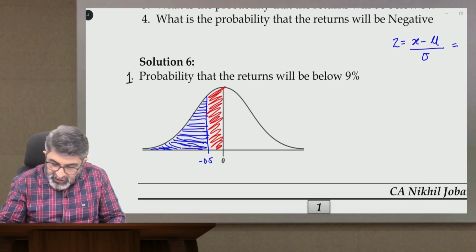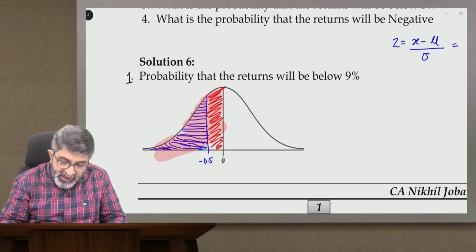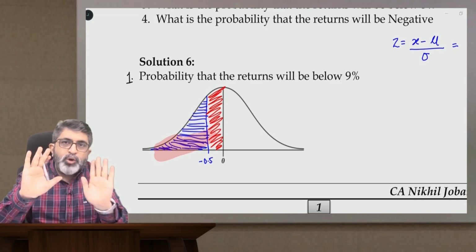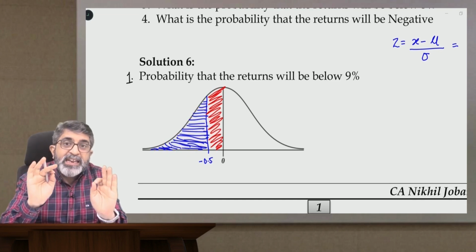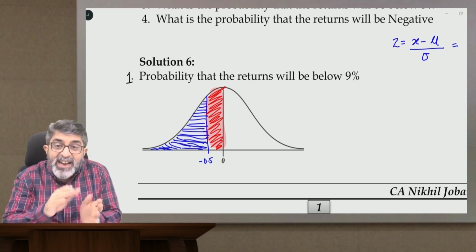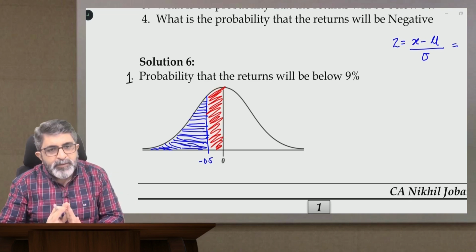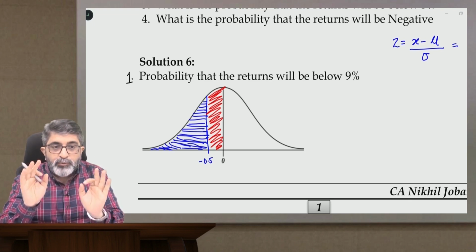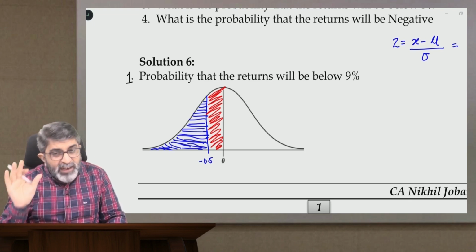I am talking about this area, the whole area, the red and blue taken together, which has an area of 0.5. So from 0.5, if you subtract this red area, you will get the blue area, correct? That is one way. So let us first do that.